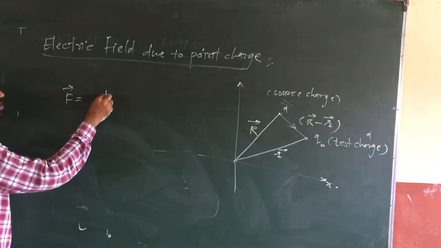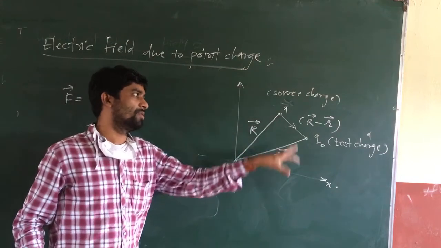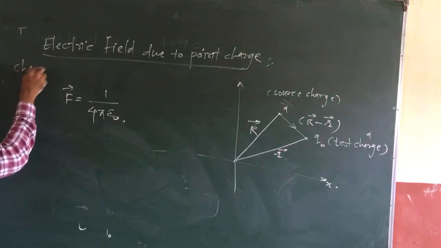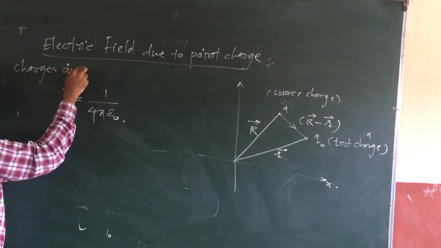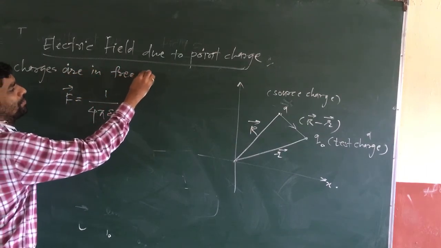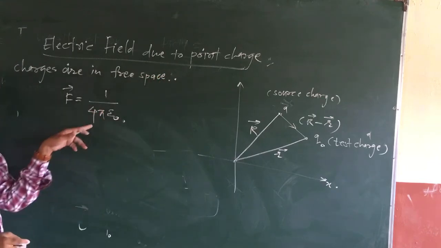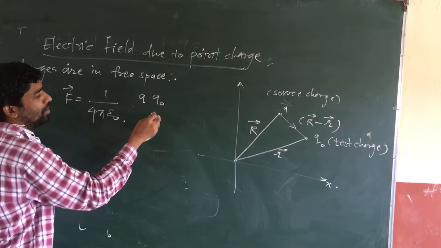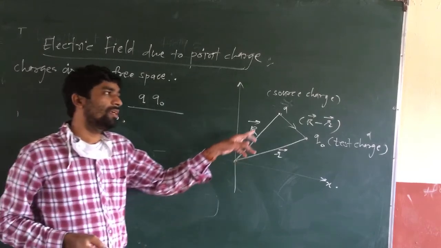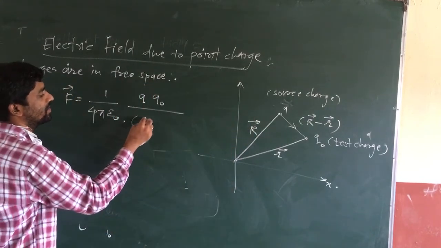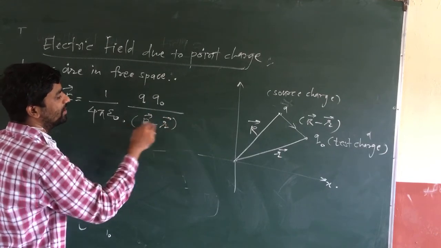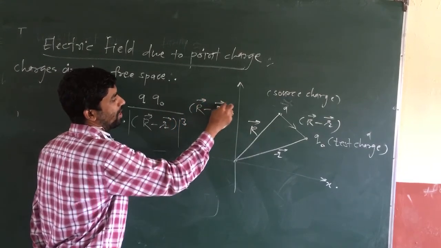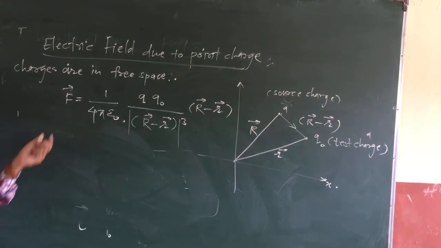If these two charges are placed in free space, having permittivity epsilon naught, the force is equal to 1 upon 4 pi epsilon naught, times the first charge Q, times the second charge Q naught, divided by, since we have to write this equation in terms of position vectors, the magnitude of capital R vector minus small r vector, times capital R vector minus small r vector. So this gives you the force between two charges.